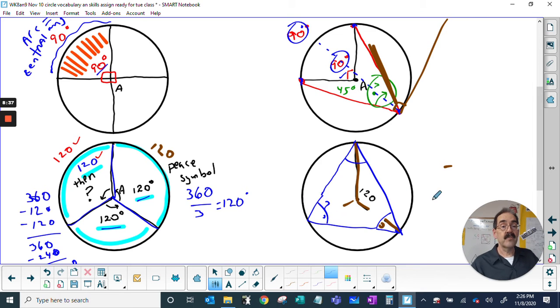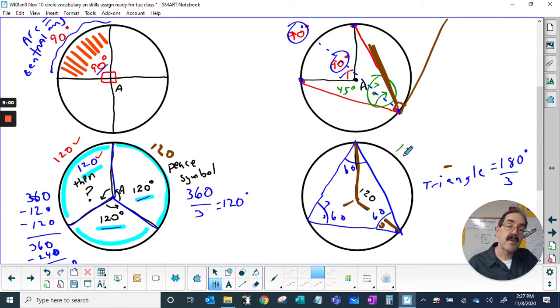And we're going to discover in time that a triangle has 180 degrees. Well, if that's 180 degrees, and there's three of them, divide by 3, and we find out this is a 60, 60, and a 60, which is half of the 120 we originally started with.